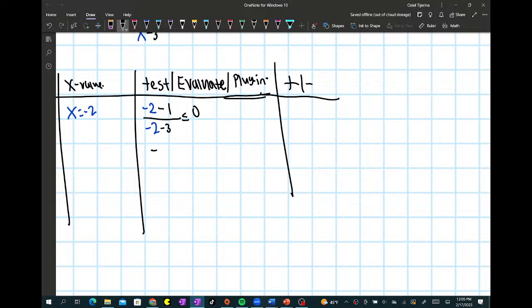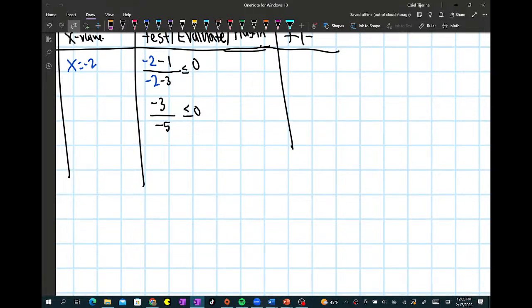I get -3 over -5 less than or equal to 0. Do not change or switch the inequality, because yes, we're dividing here by a negative number, but there's nothing going on the right side. So really, this is going to be 3/5 less than or equal to 0.